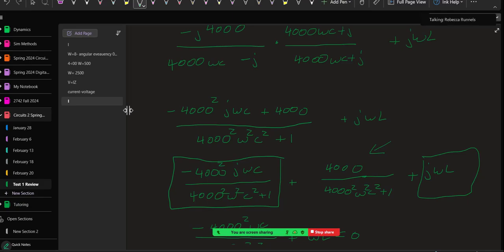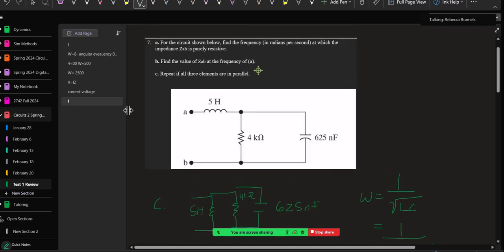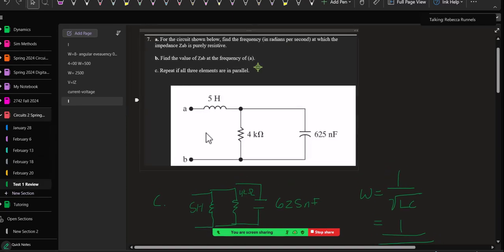So if you plug 400 into just the real part, you end up getting 2 kiloohms. So you don't get just like when we had it in parallel, we said our impedance would be 4 kiloohms. Because it's not in series or parallel, it's not 4. It ends up being 2.